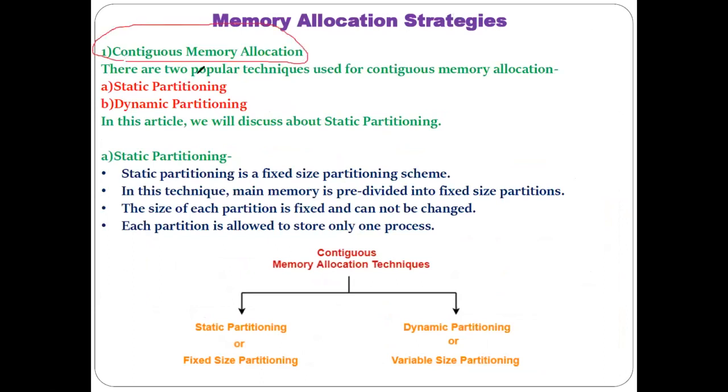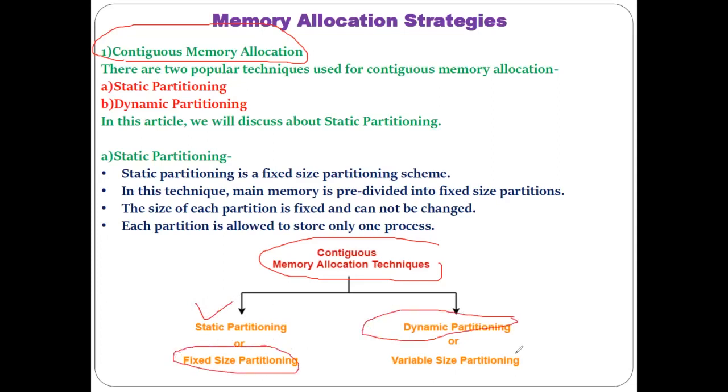As we are discussing contiguous memory allocation, as I told you, this technique is divided into two important categories: first is static partitioning, also called fixed size partitioning, and second is dynamic partitioning, also called variable size partitioning.